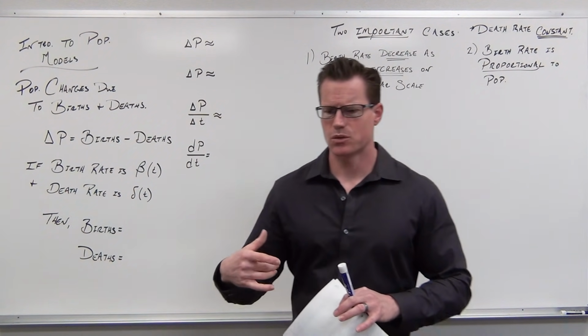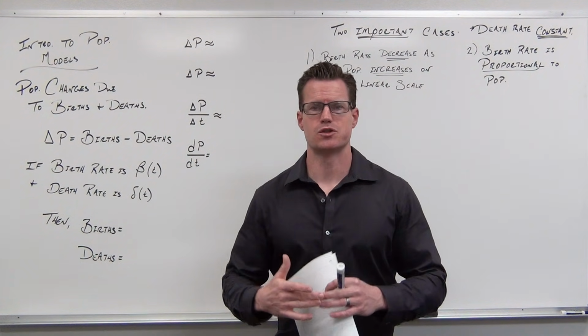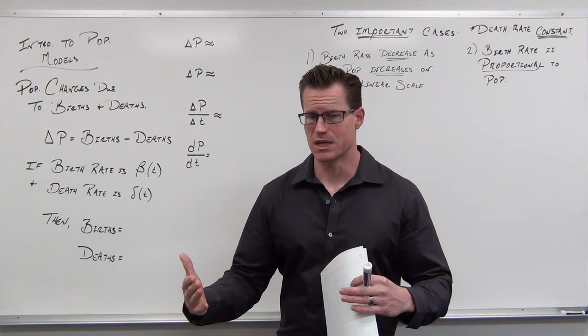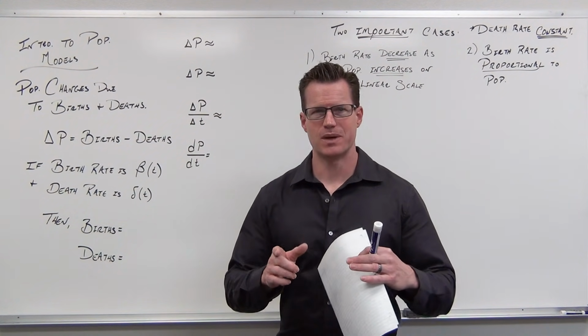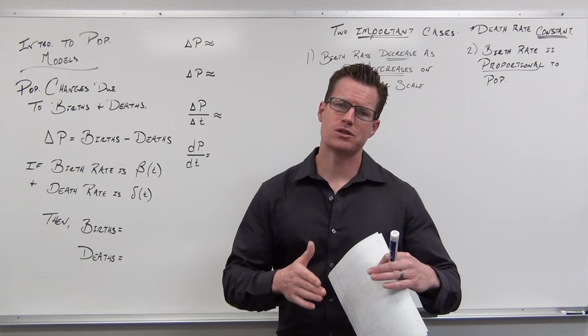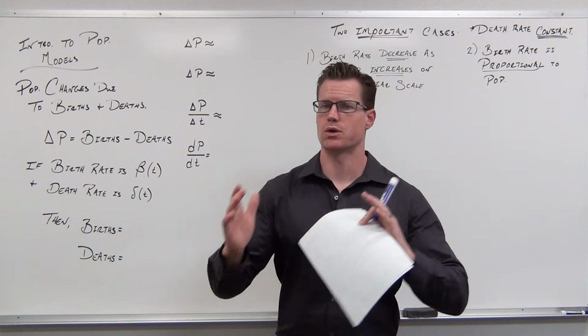When we say a birth rate is, let's suppose, 5 births per 1,000 people per year, does that make sense? It's based on the population and a time period. So this birth rate is a birth rate per unit of population per unit of time.